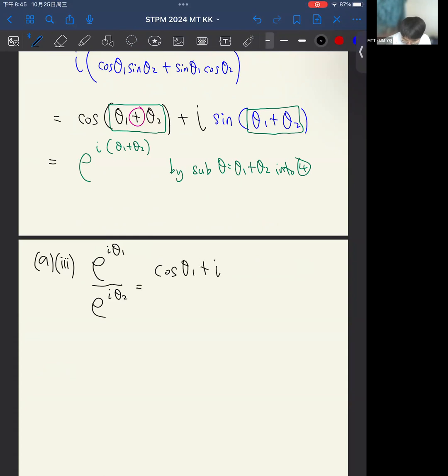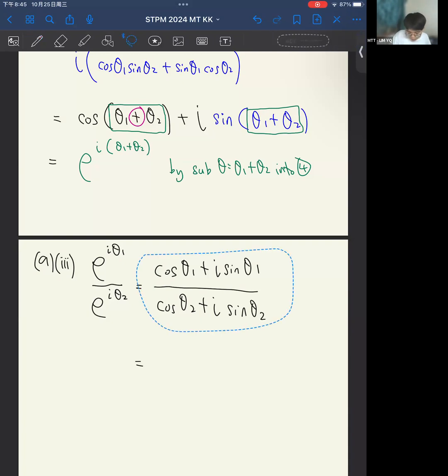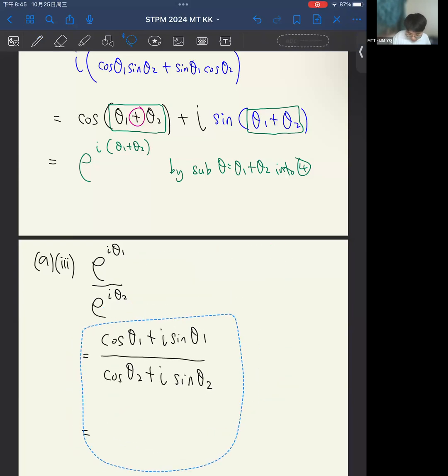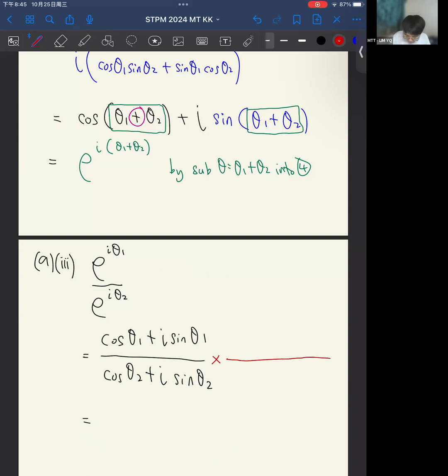Cos θ1 plus i sin θ1 over cos θ2 plus i sin θ2, by using which equation, substituting what? Until now, we use the multiply by conjugate technique. When the denominator is a complex number, we multiply by the complex conjugate of it.